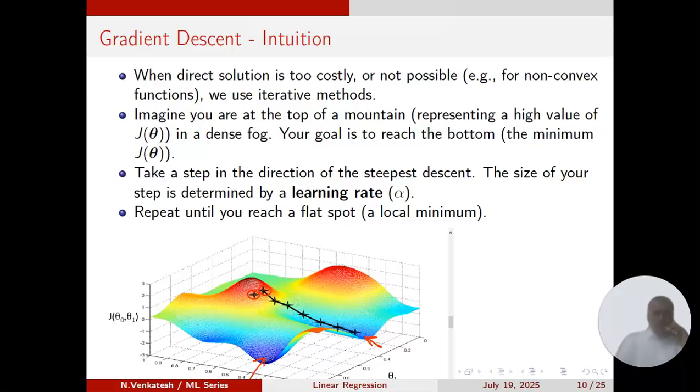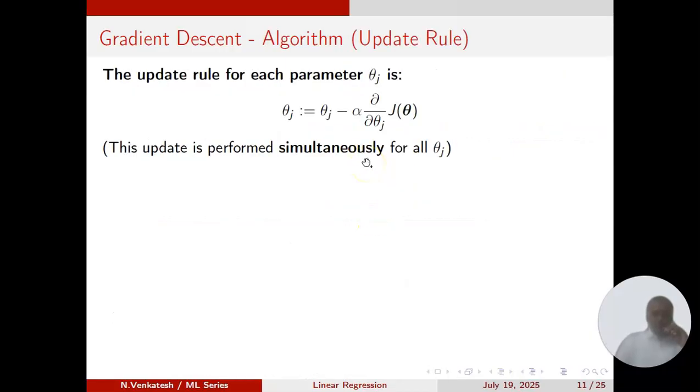Now let us try to understand. Initially it starts with random parameter values, and in each step it will be updated using this equation: theta j is theta j minus alpha into the partial derivative of J of theta with respect to theta j.